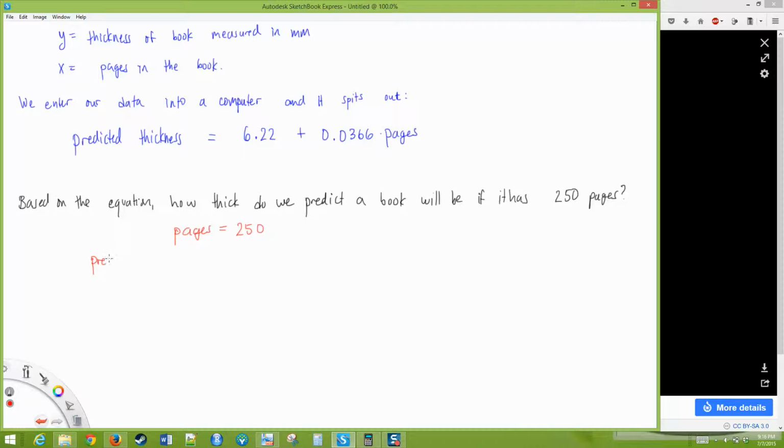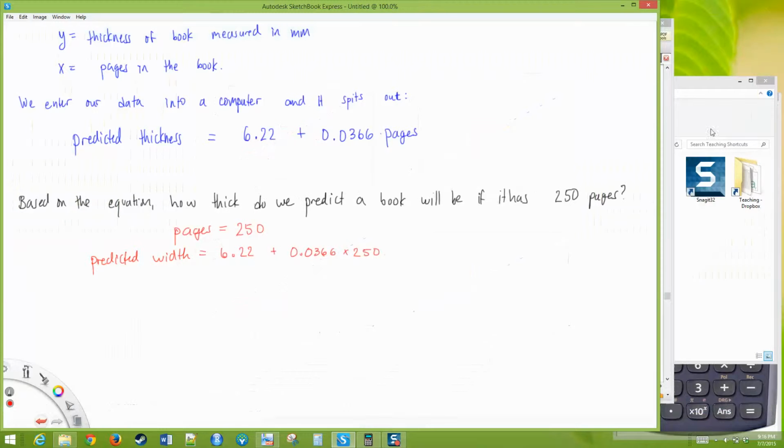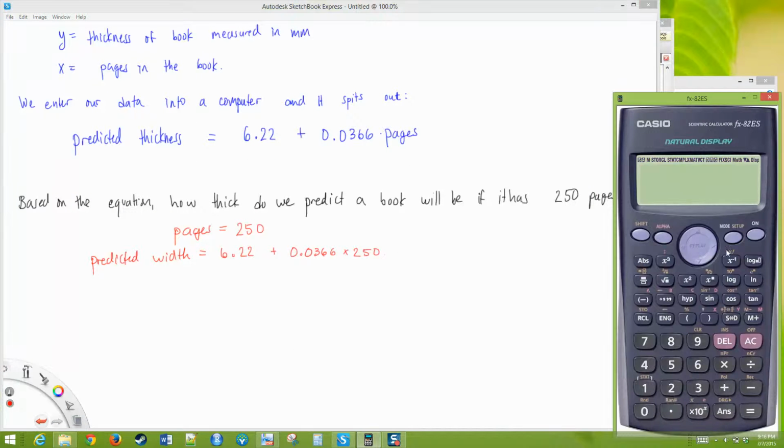Predicted width is equal to 6.22 plus 0.0366 times 250. So I do 6.22 plus 0.0366 times 250, and I get 15.37.